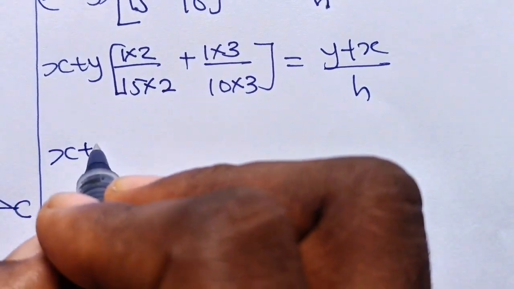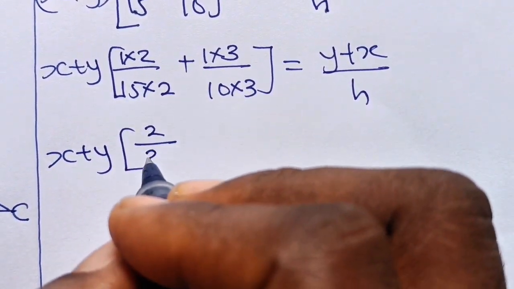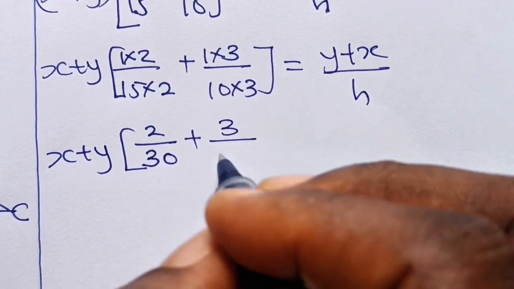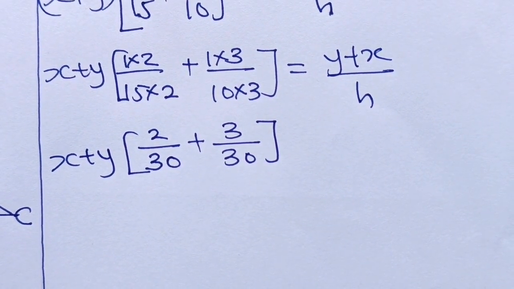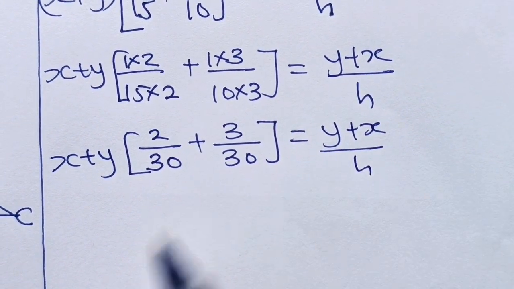So here we have (x plus y) into 1 times 2 is 2, 15 times 2 is 30, plus 1 times 3 is 3, 10 times 3 is 30. All right, now this is equal to y plus x divided by h.